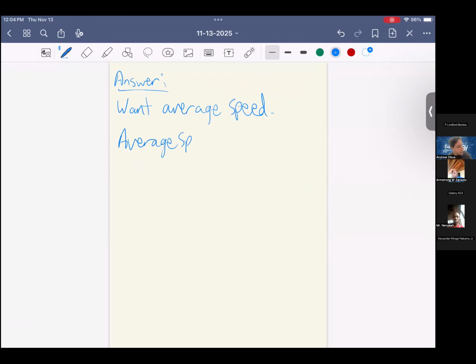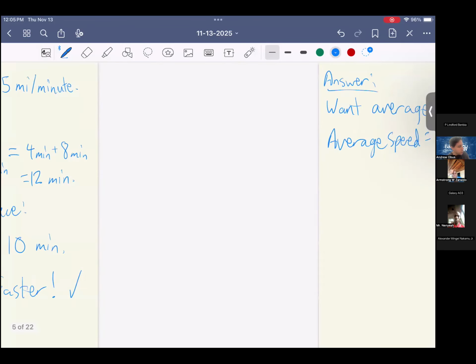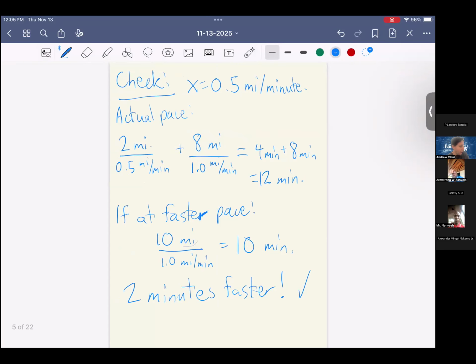The average speed is equal to the total distance over the total time. Well, the total distance we know, that's 10 miles. That's how long the ride is. And the total time we also know, it's 12 minutes. This was at the actual pace that took 12 minutes.